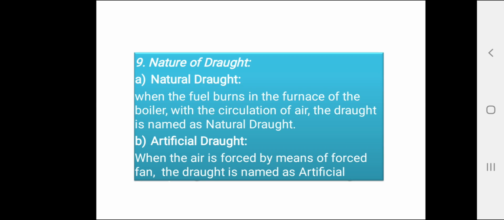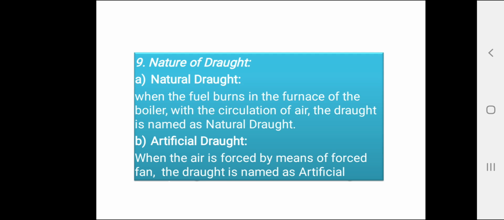If more gases are there and pressure is low, then you require vacuum or draught; the exhaust fans you have to keep. So natural draught and artificial draught. When the fuel burns in a furnace of the boiler with circulation of air, the draught is named natural draught. And when air is forced by means of forced fans, the draught is named artificial draught.